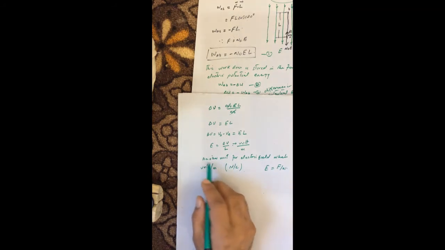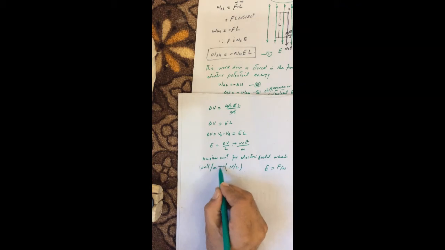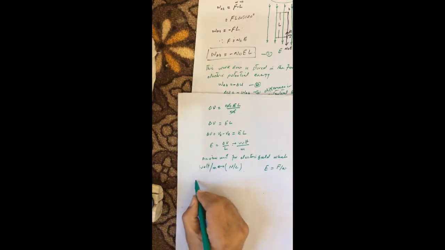From the definition, E is equal to force per unit test charge. So it means that volt per meter is also a unit of electric field, and both are related to each other. We can convert volt per meter to Newton per coulomb.